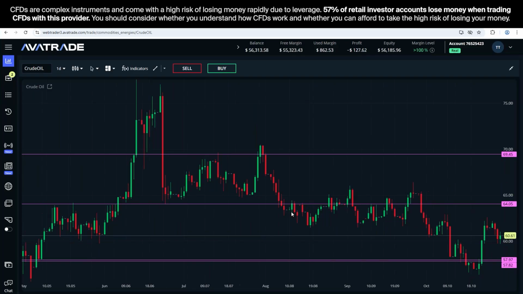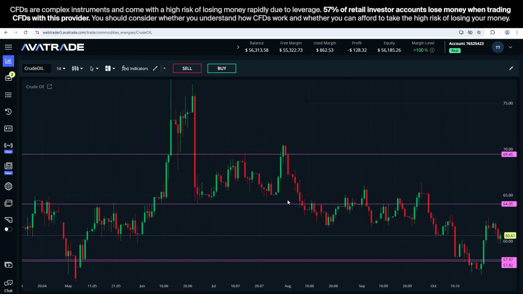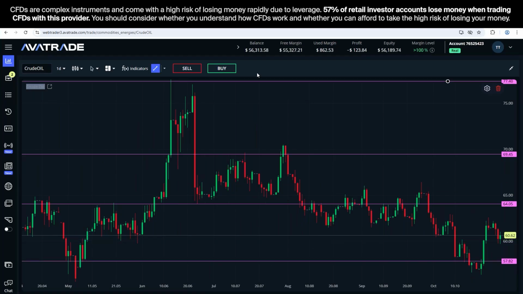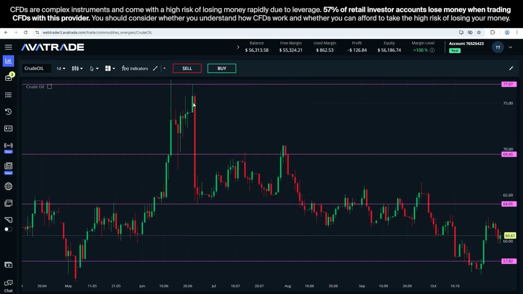So looking at crude oil, what stands out to me on these 1-day candles is here. Okay, what happened here? Look at this climb up all the way up to 77. It pulled back, it bounced back up to 77, then pulled back, and we've been kind of slowly dropping since then. Now the US has put sanctions on Russia, on their energy industry, natural gas, crude oil.